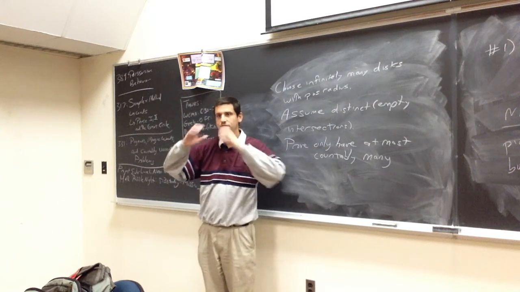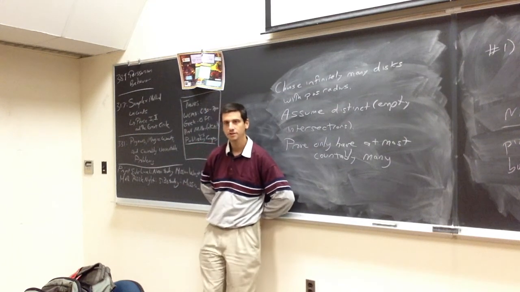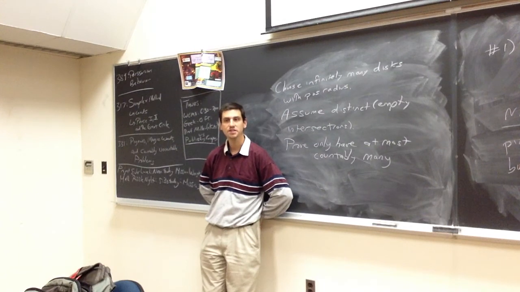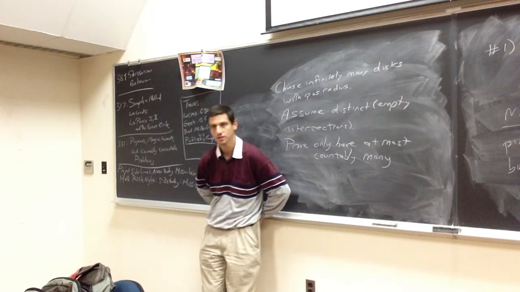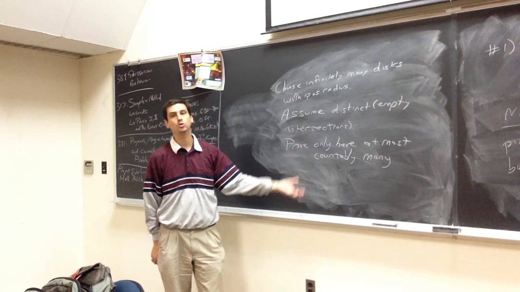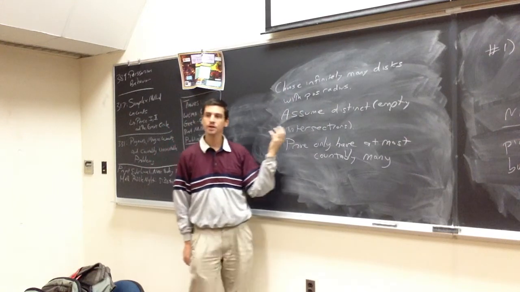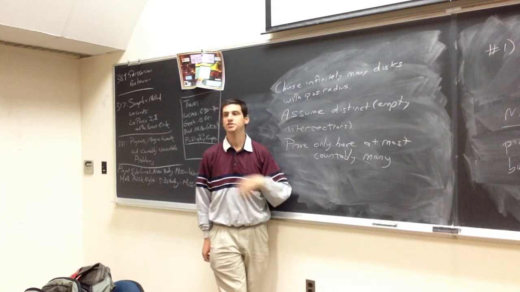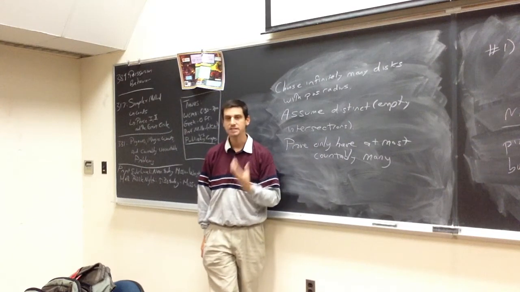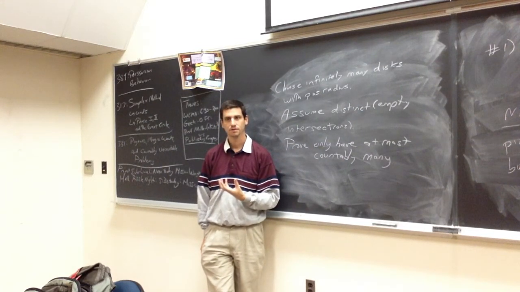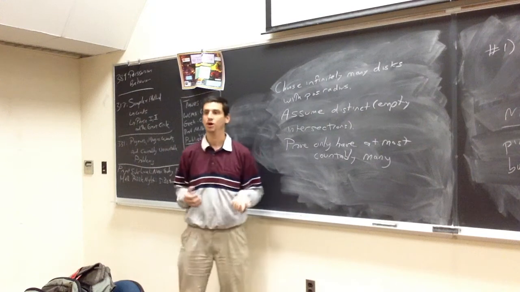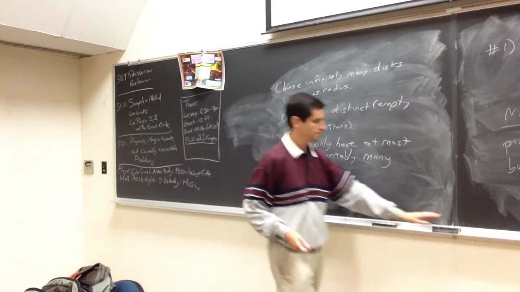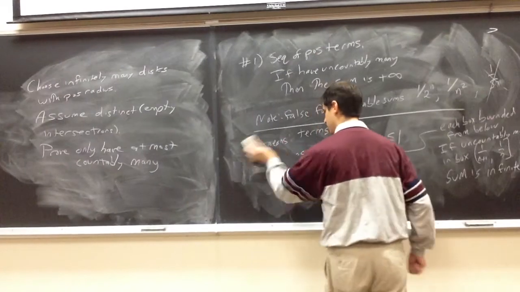Well, just shrink the disks if necessary. It can only make things harder if the disks are smaller. So there's no loss in generality in assuming that the disks have radii at most 1. This is a really good mindset to get into for these problems. I might as well assume my disks are small.